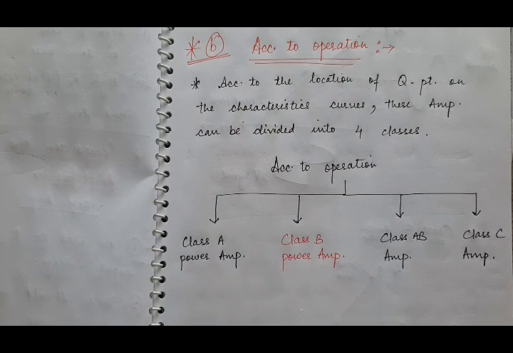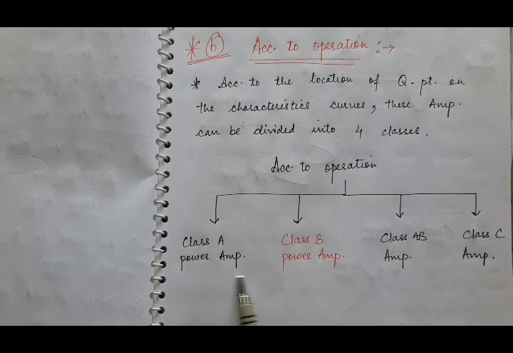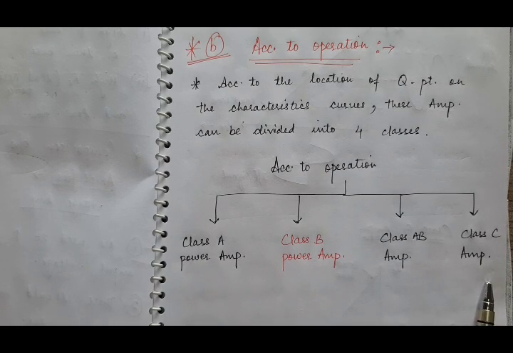These are divided into 4 classes: class A power amplifiers, class B power amplifiers, class AB power amplifiers, and class C power amplifiers. So we'll discuss all these classes one by one.